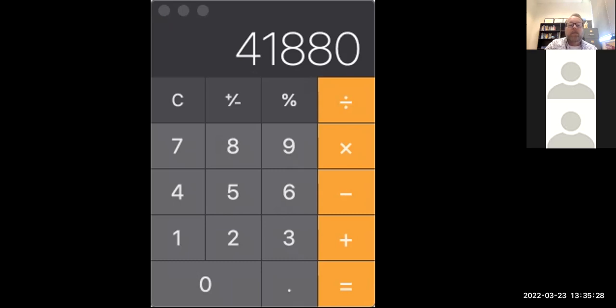So if the potential credit was $74,320 and he didn't owe $32,440 but owed $80,000, he wouldn't be able to borrow anything. So the answer would be zero. He cannot borrow anything because he owes too much. Does that make sense? Yes, it does. Okay. I think it's on your check-in assignment. The answer is zero, just so you know.